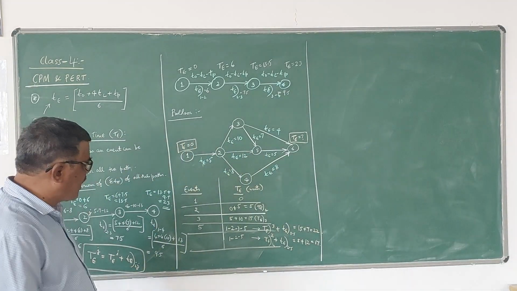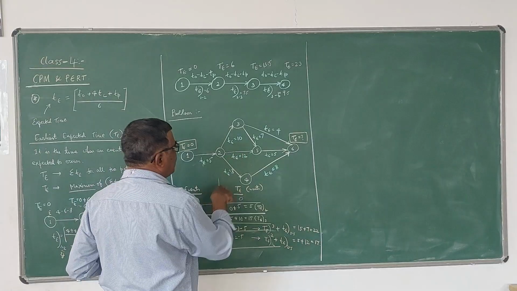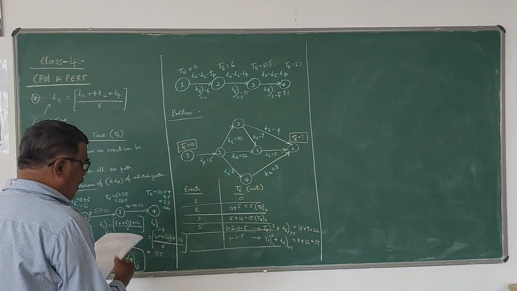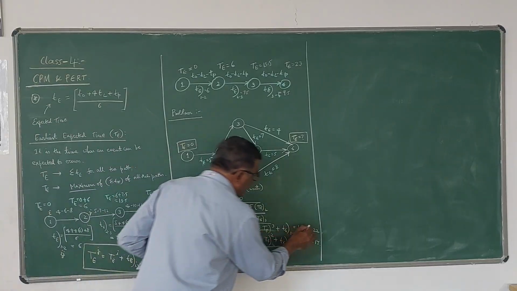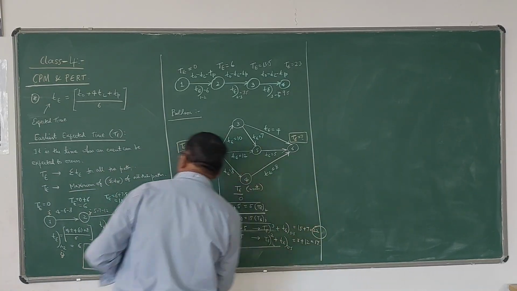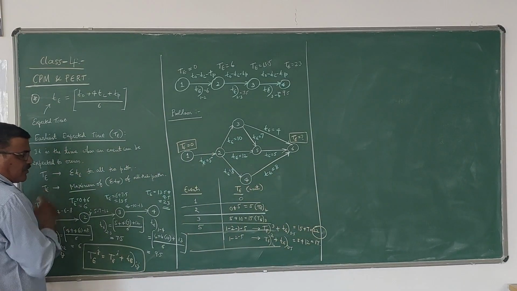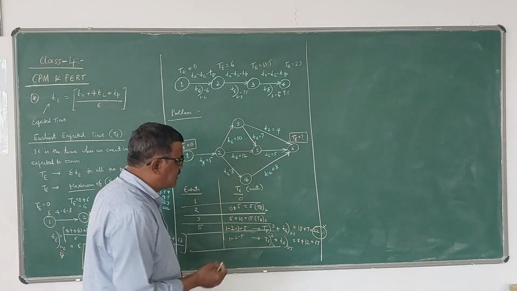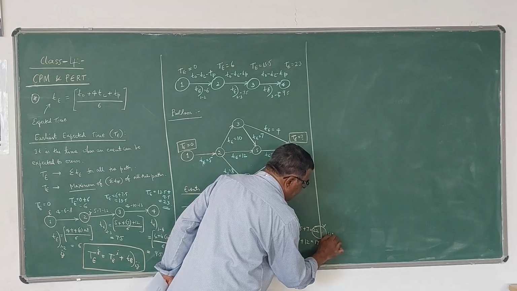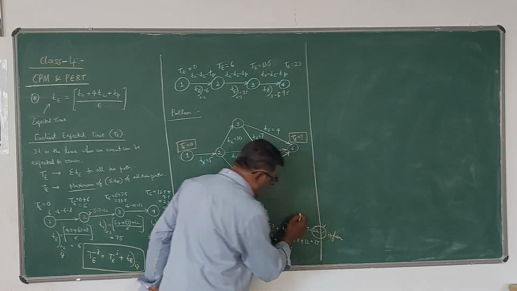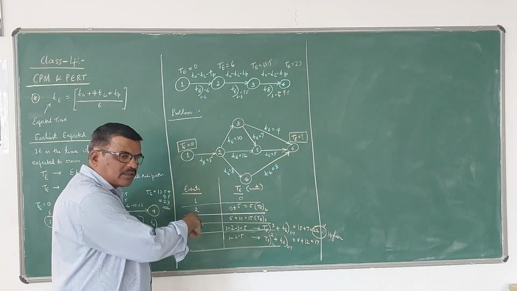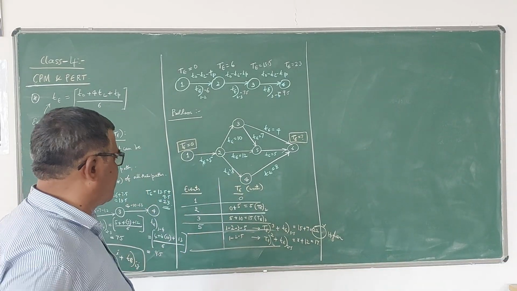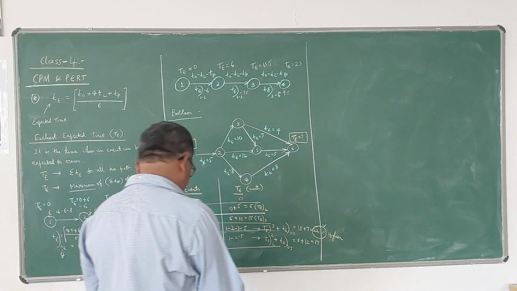So we have 2 paths leading to 5, therefore you will get 2 values of TE. Among these 2, the higher value is 22. Maximum we have to take. So this value we have to take for further computations. If you have one more path, for that path also you have to calculate TE, and among the 3 we take the higher value. So this is for the 5th event.